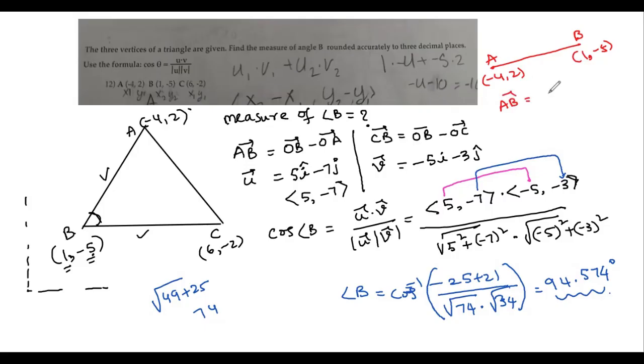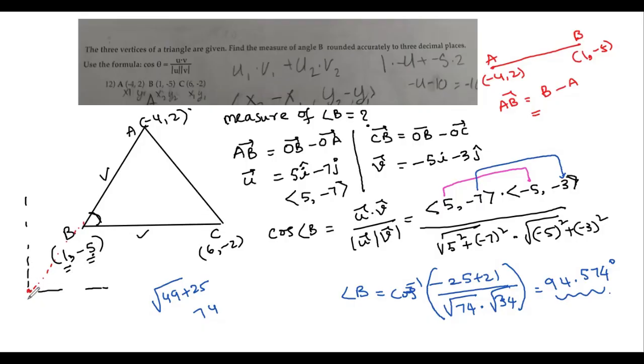The AB bar, head minus tail, otherwise you can say just subtract the coordinates, B minus A. Position vector means every point is having a vector with respect to the origin. If you see the B point, the X coordinate is 1 unit, Y coordinate movement is -5j. So 1i minus 5j. That is called position vector.